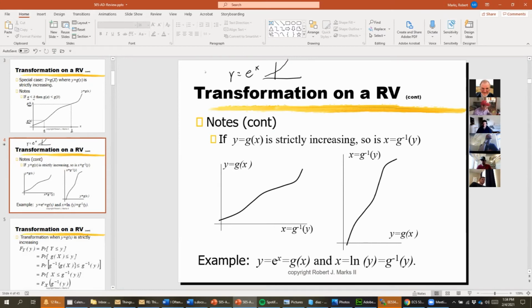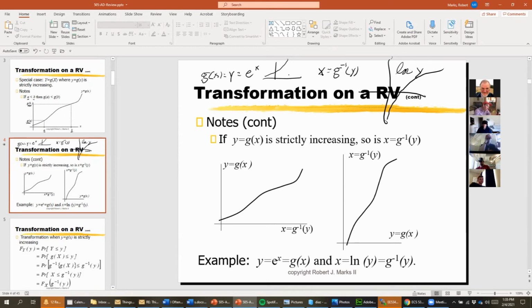This is g of X equal to Y equal to e to the X. X is equal to g inverse of Y, which in the case of Y equal to e to the X, we know it's the logarithm, right? The natural logarithm. And the natural logarithm looks like this. It is also strictly increasing.